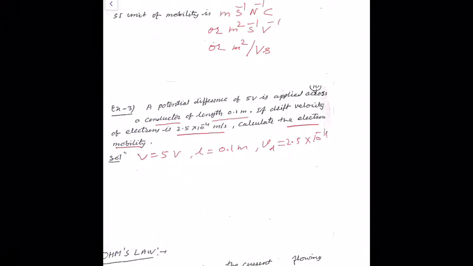Here V equal to 5 volt, L equal to 0.1 meter, Vd is equal to 2.5 into 10 to the power minus 4 meter per second.